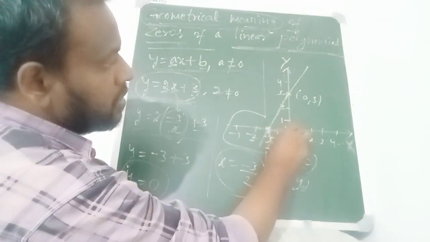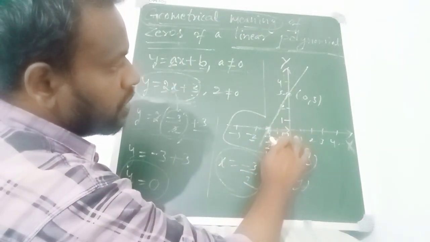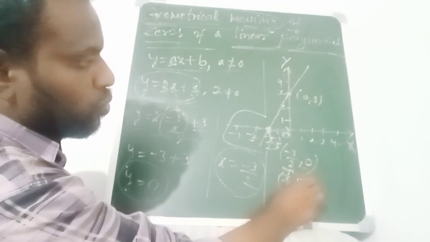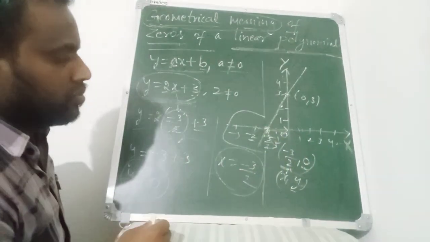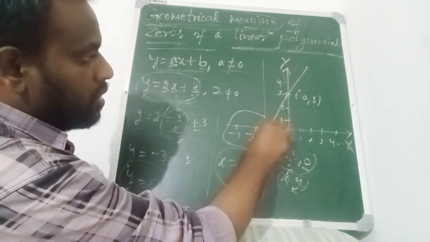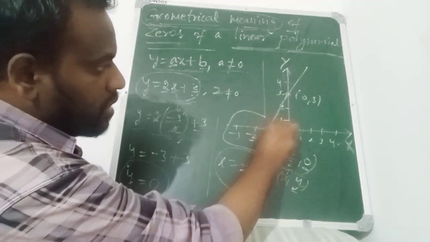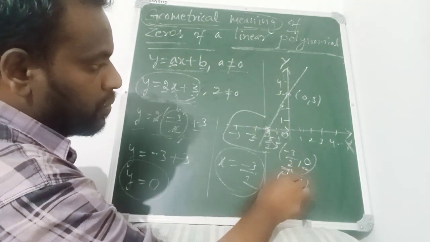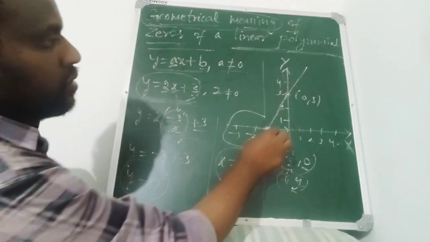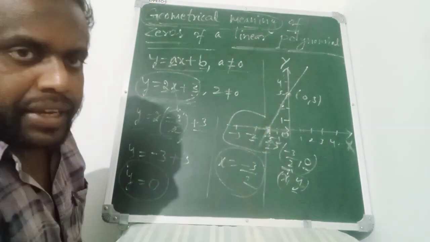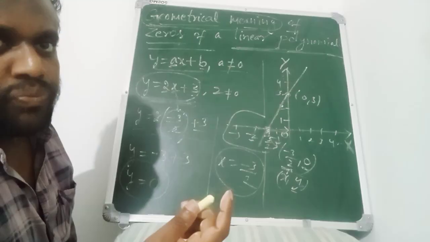If you check like this, here we have 0. So y is equal to 0. In place of y we have 0. So here on this x-axis we have -3/2. So x is equal to -3/2. Now this point represents 0.